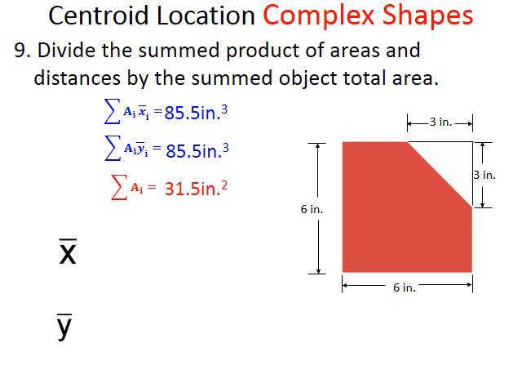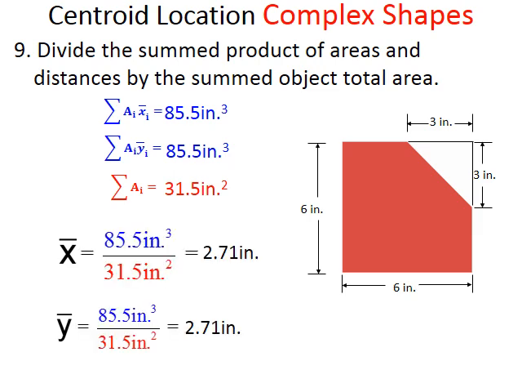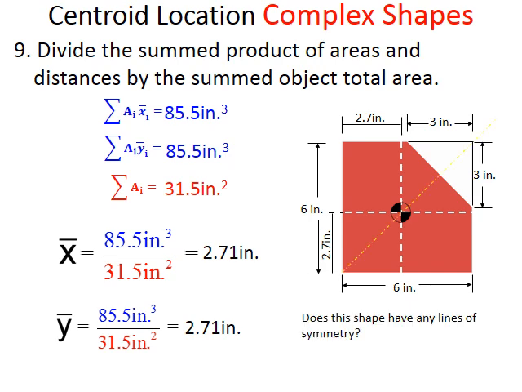Finally, we have our numerator and our denominator, and we go through the same process, and lo and behold, we get the same answer: 2.71 inches for x bar and 2.71 inches for y bar as well. And just like before, it's still symmetrical. You can see we solved the same problem two different ways.